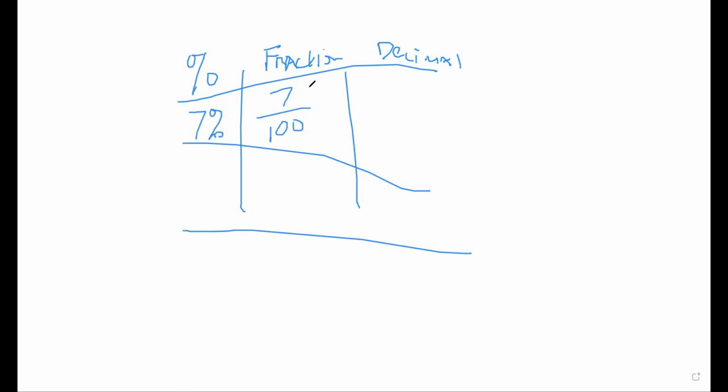So because this percentage can be converted to a fraction, we can then also convert it to a decimal, because in decimal form, this first place is tenths. And the next place is hundredths.